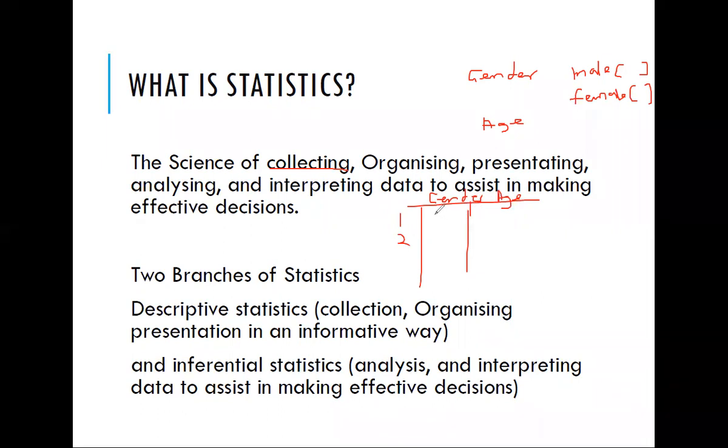So respondent number one, respondent number two. If the first person is female, then gender will be female. If the second person is male, gender is male. The same way, if the person's age is 16 years, then we type 16. If the male is 18 years, we have 18.